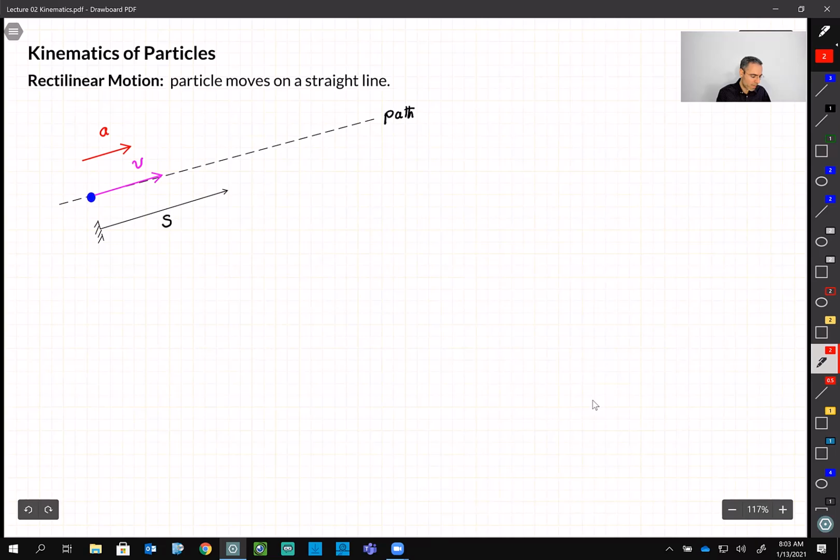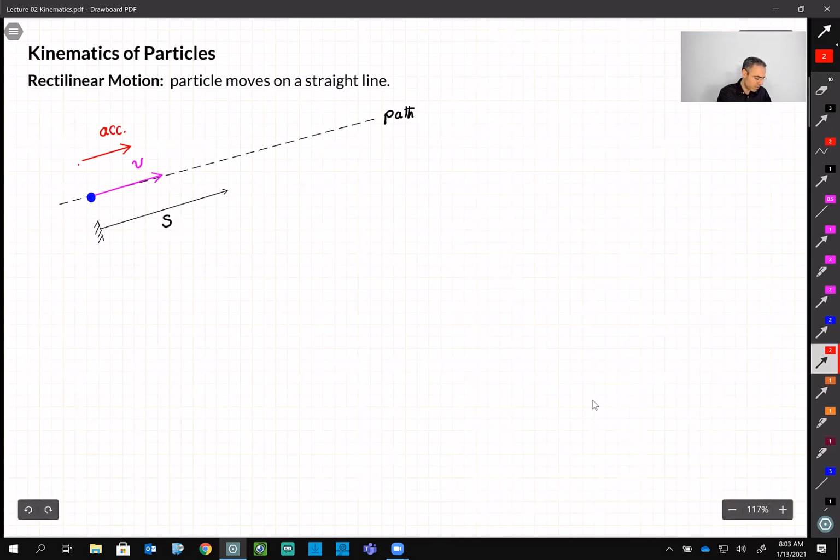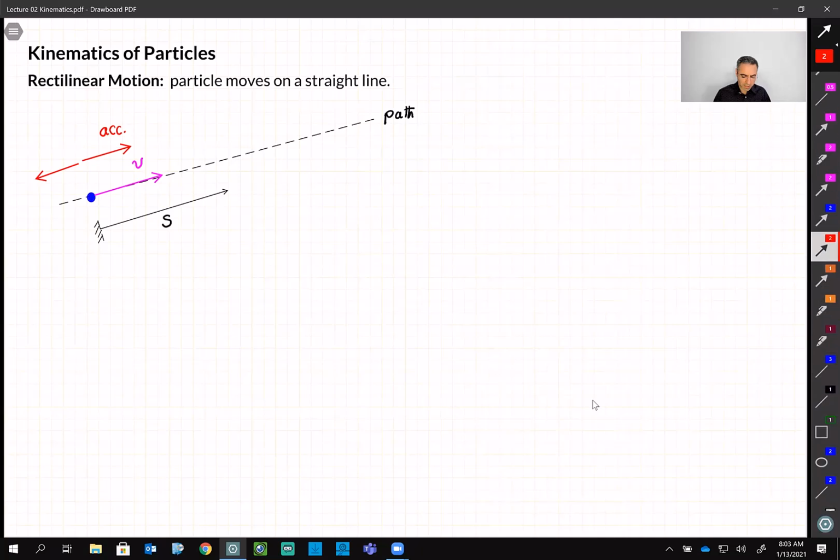Usually we show it by A, but right now let's write acceleration. Or it might be the opposite of the velocity, in this direction, and this is when we brake, and we call it deceleration.